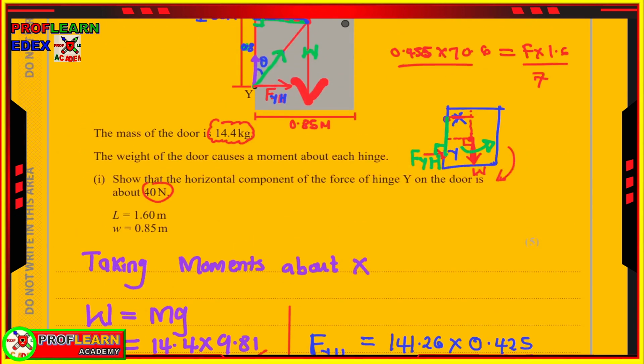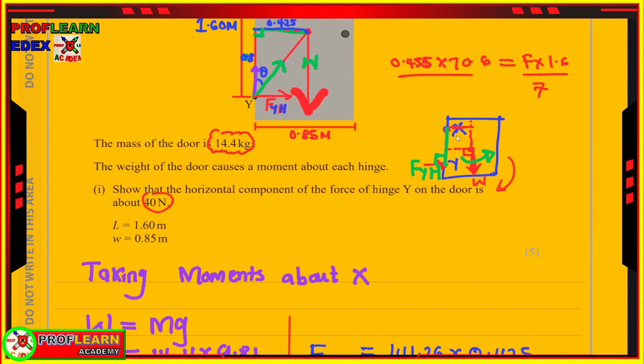Remember, the distance you use is from the line of action of the force, which is the line of action of the weight, to our pivot, X. So the distance we're using is half of 0.85.